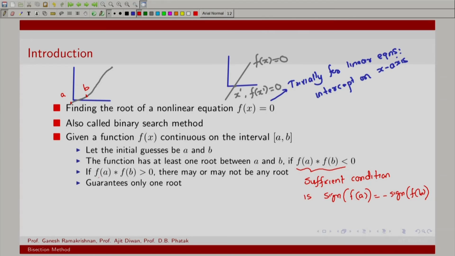Now, this is a sufficient condition, not a necessary condition. So, it is possible that f(a) into f(b) is positive and it still has a root, and a classic case for us is going to be the squared function or x raised to an even power. So, consider a function like this.